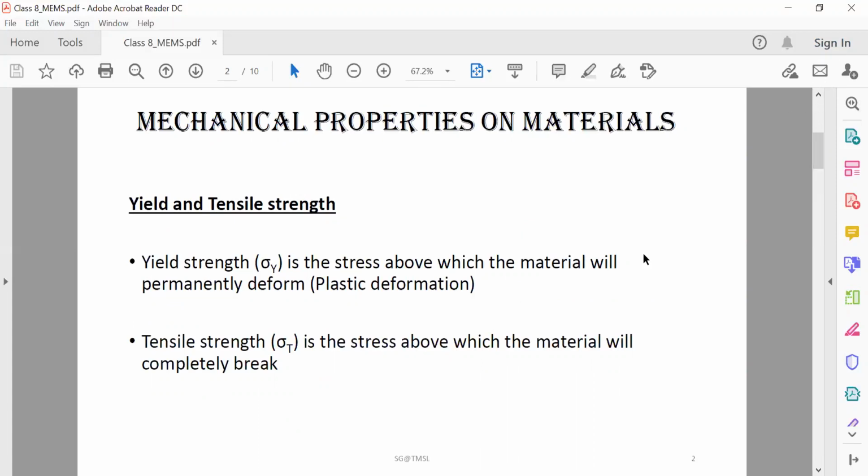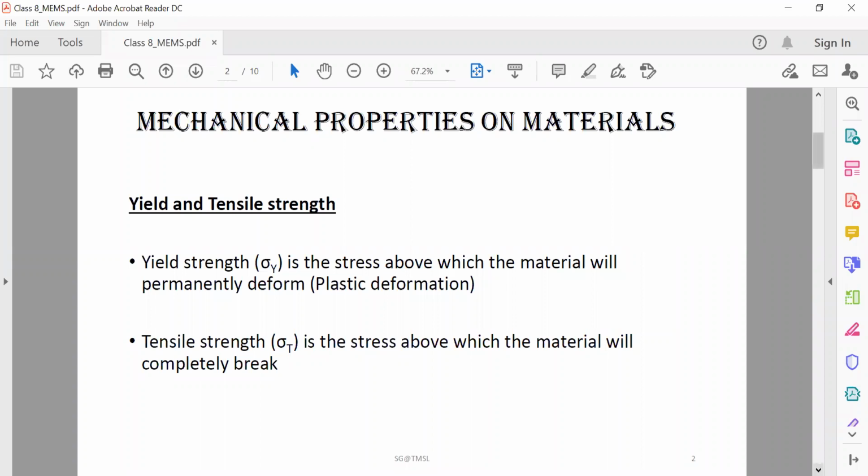Tensile strength is the stress above which the material will completely break.